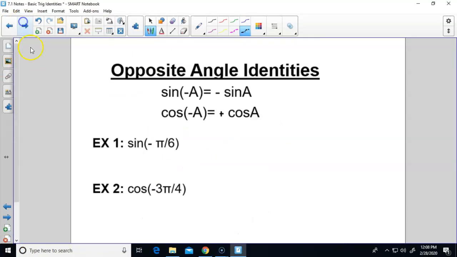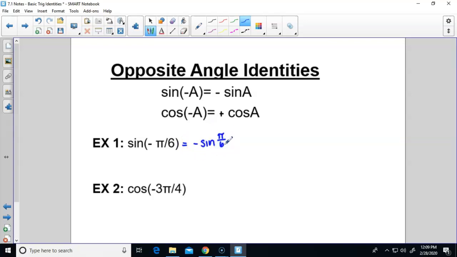Okay. Our last set of trig identities are the opposite angle identities. If we take sine of negative a, it will give us negative sine of a. If we take cosine of negative a, it will give us positive cosine of a. So for example, sine of negative pi over 6 is going to be negative sine of pi over 6.